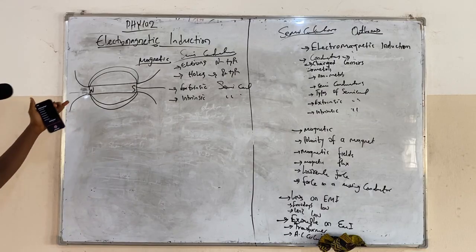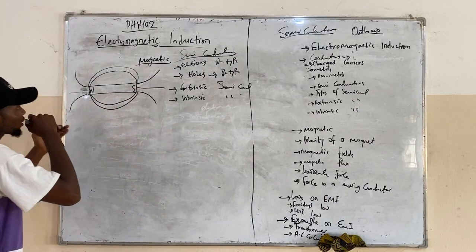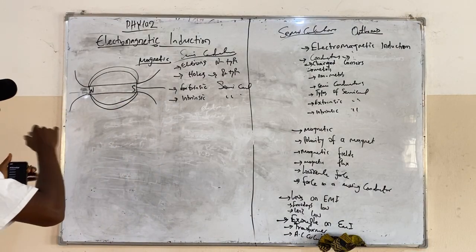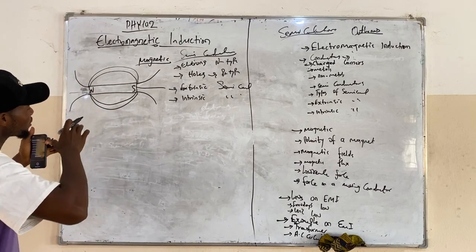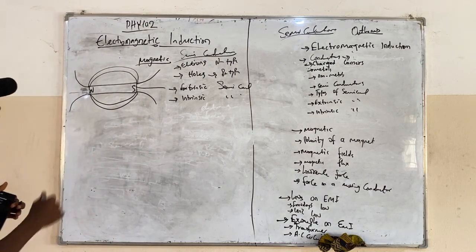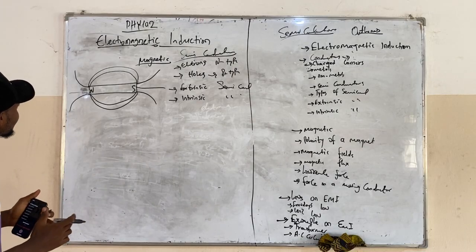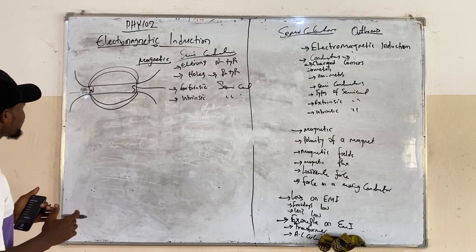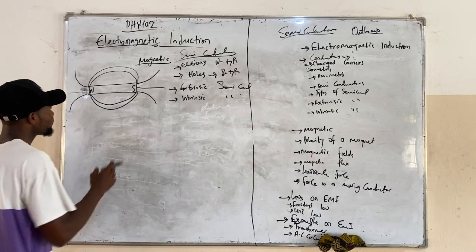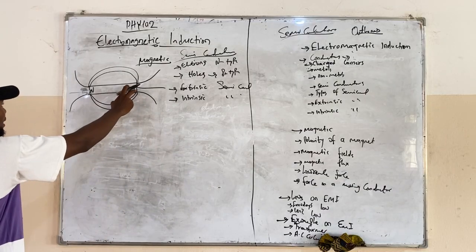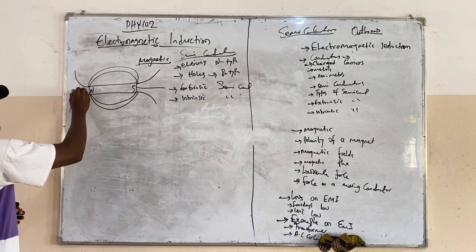So these lines are referred to as what? Magnetic lines of force. These lines of force are what actually make a magnet. We're told that the magnetic lines of force enter through the South Pole and leave through the North Pole.